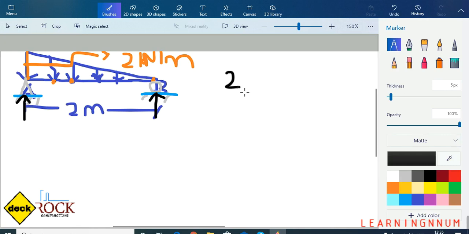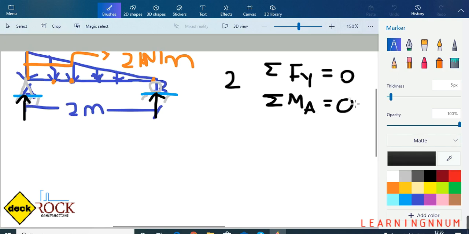So how many reactions would we get in total? 2. And how many equilibrium equations do we have in total? 2. What are those? Summation of vertical forces equals 0, and summation of moments about any point must be equal to 0.